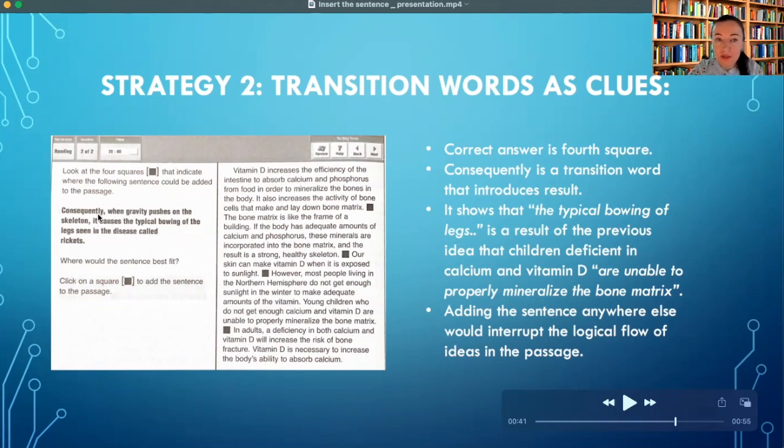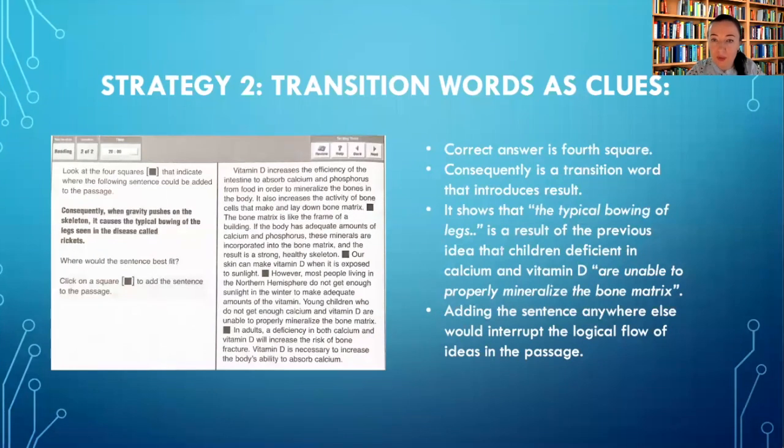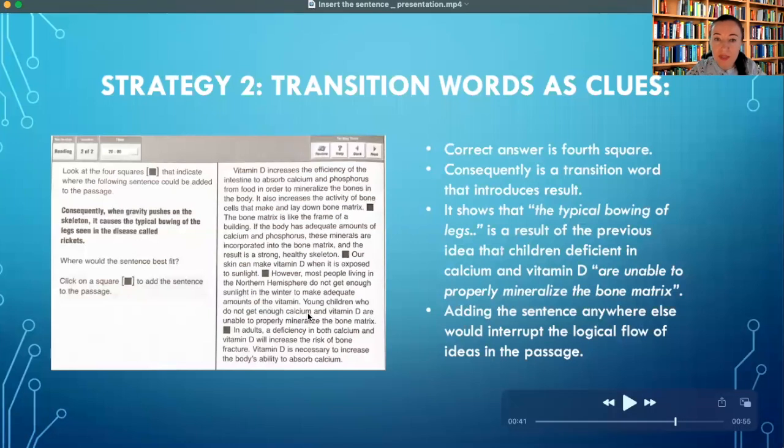This word over here shows that this typical bowing of the leg seen in the disease called rickets is a result of the previous idea that children deficient in calcium and vitamin D are unable to properly mineralize the bone matrix.